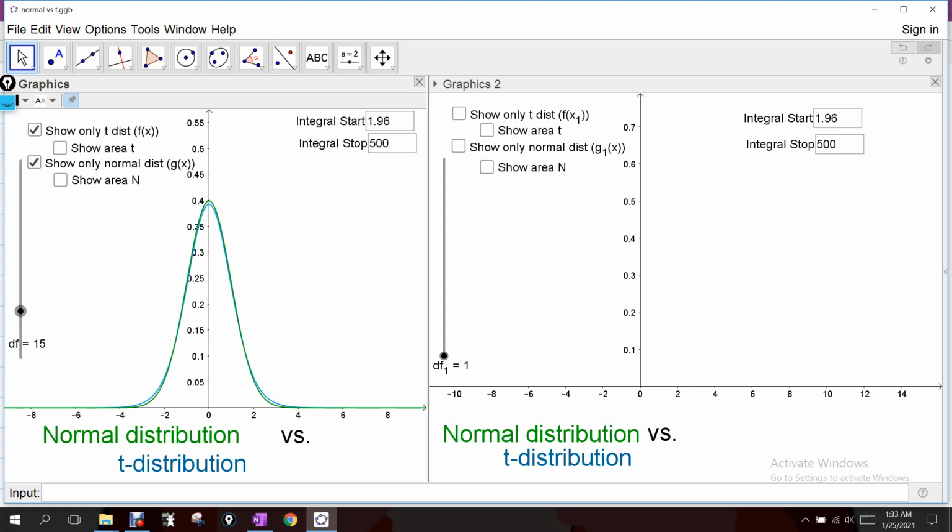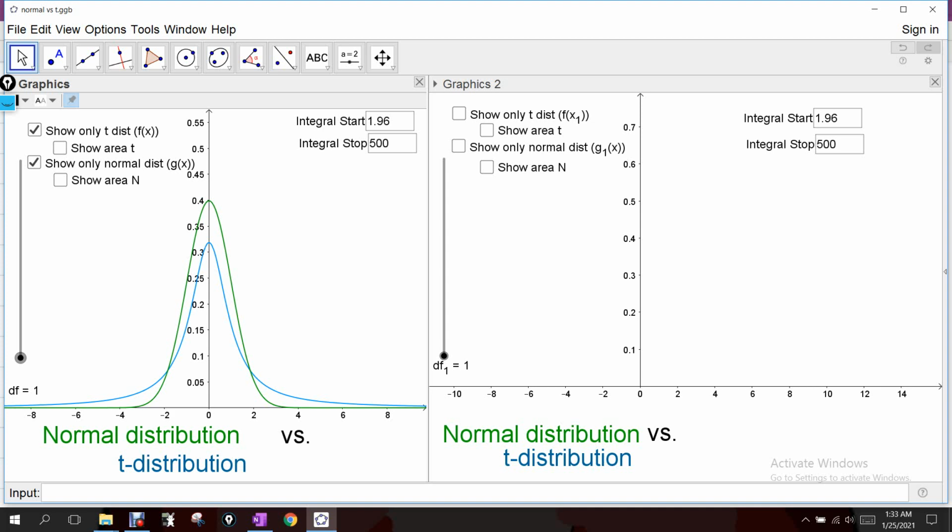With the degrees of freedom right now at 15, 16, as we get up to 30, we're very, very close to being the same distribution. And if I go up to 60, it's even closer. So that idea allows us to use a t-distribution to develop some confidence intervals.